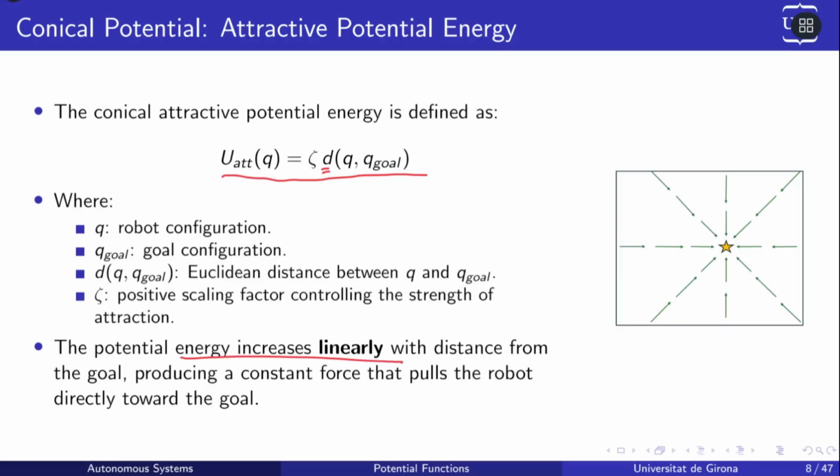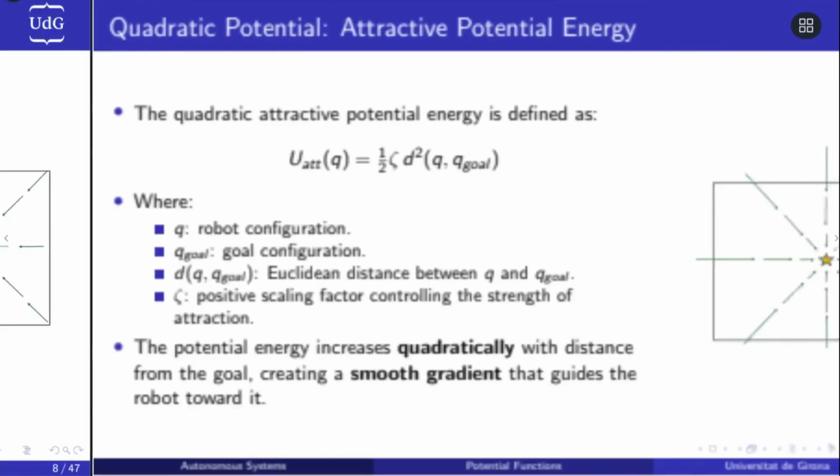Sometimes we want that, sometimes not. It means that when we're very, very far from the goal, it will pull us quite strongly. And the closer we get, the less it pulls, until we reach the exact position of the goal, where this potential function is not pulling us at all. Then we stay at the goal, which is in the end what we want.